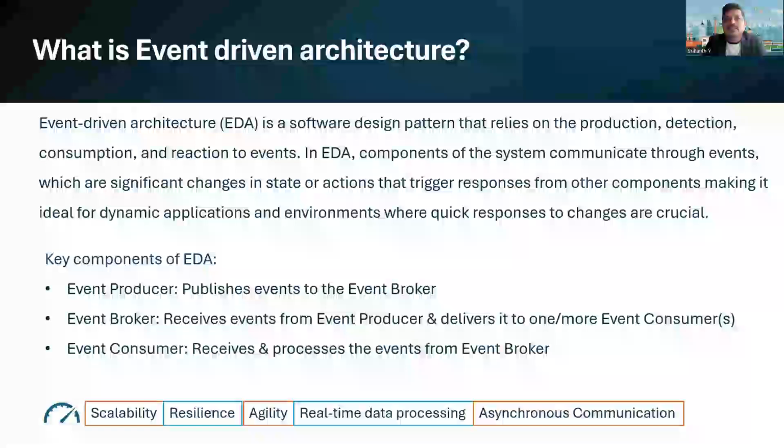Something you could relate to very much is, going back to Amazon's app, when you place an order and the order is accepted, multiple services are triggered, and they're all running through EDA. One goes for payment, then one for shipment, and then one for fulfillment. They're all separate services, with separate teams working on each of these services, and they all interact with each other through messaging, which are events.